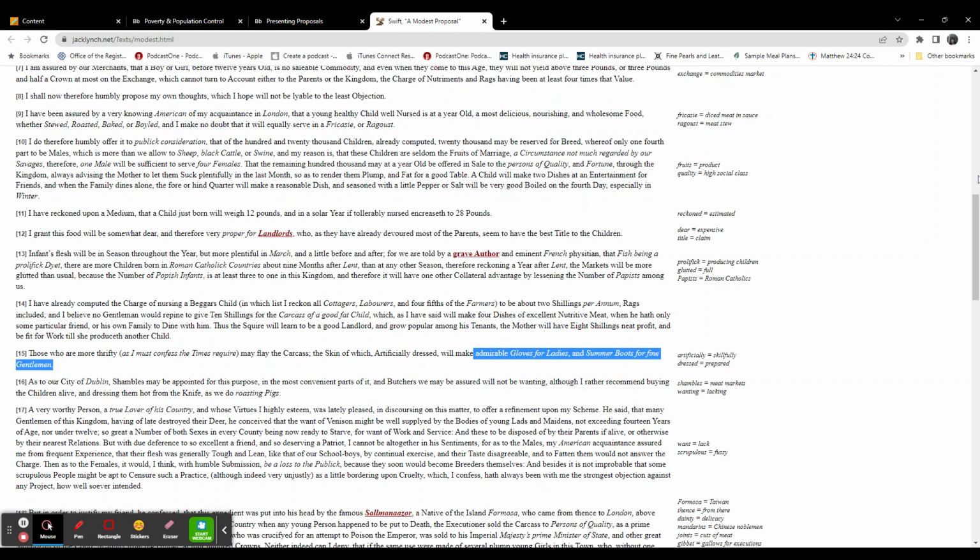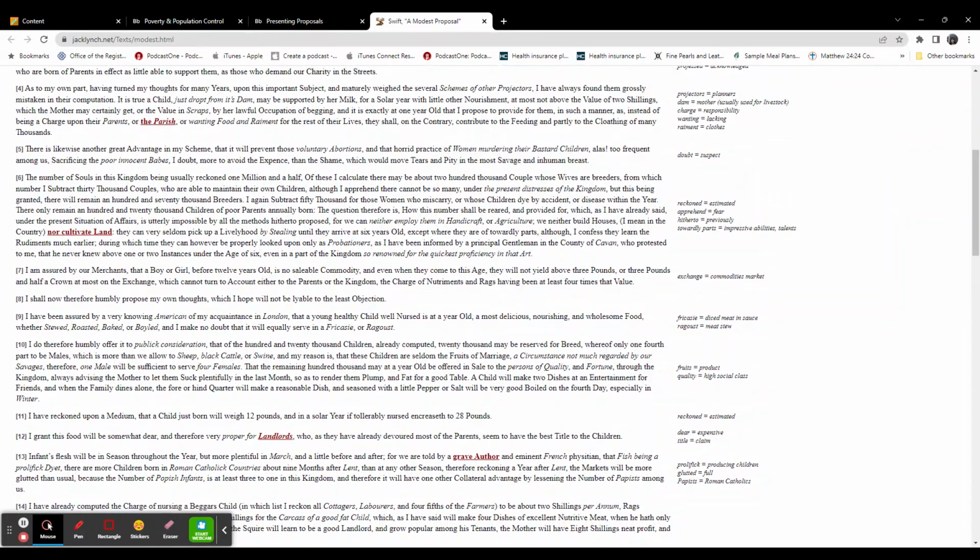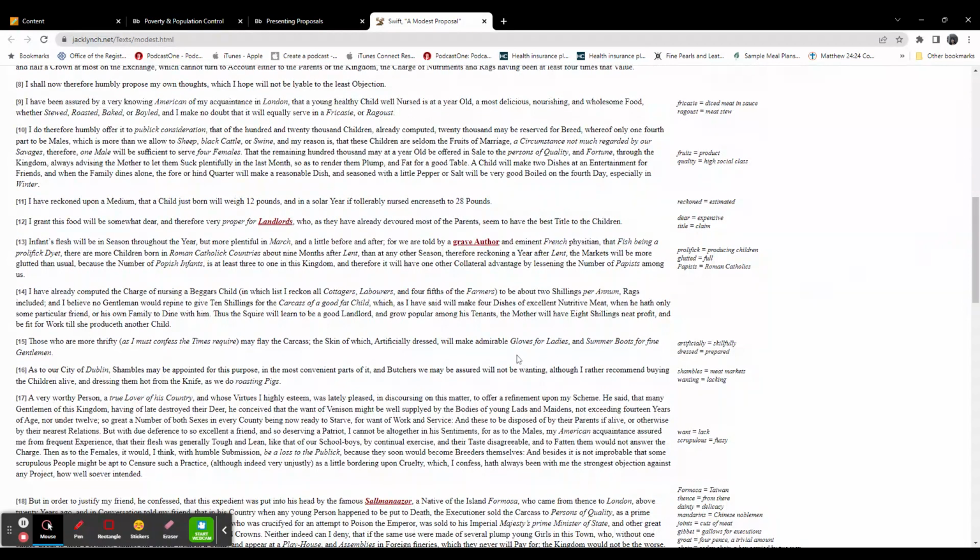So remember, how can we make them useful? They can contribute to the feeding and partly to the clothing of many thousands. That's how we're going to make them useful. So once we have eaten them and we have the carcass and the skin and artificially dress it, now we can make gloves, right? Now we have more products. We have the main product, which is the baby.